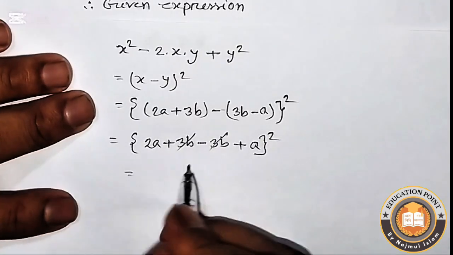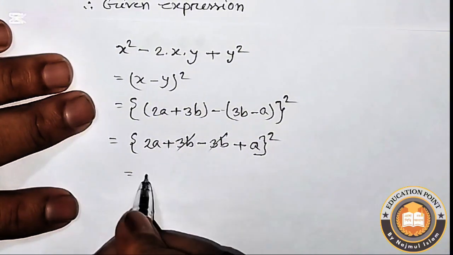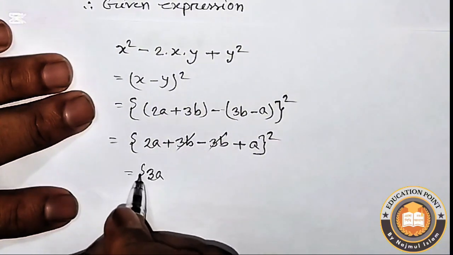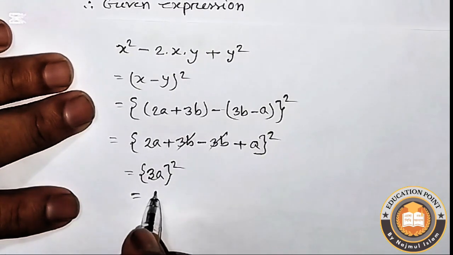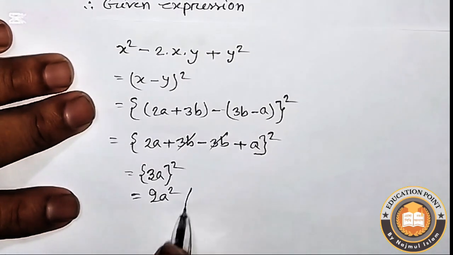Plus 3b minus 3b equals 0. 2a plus a equal 3a whole square. Square value of 3 is 9, a square.